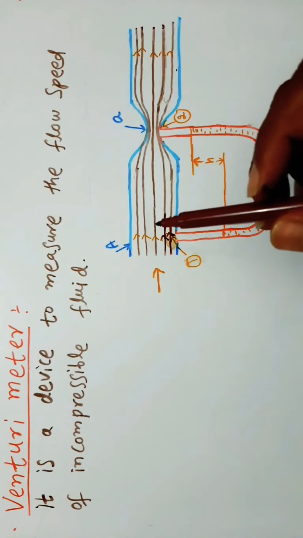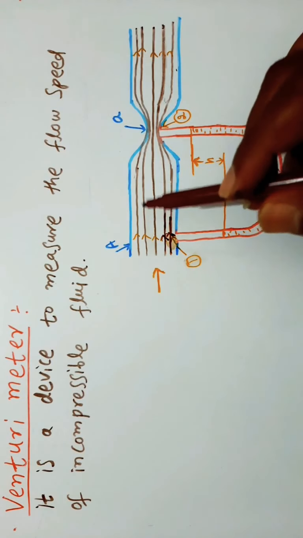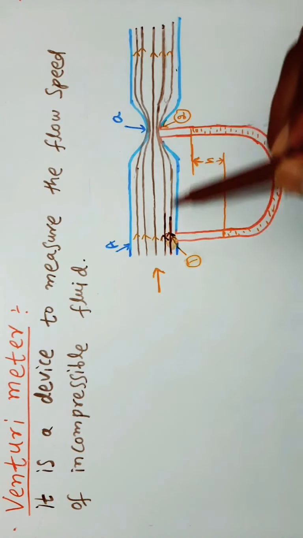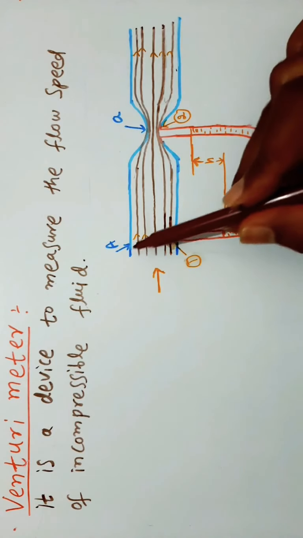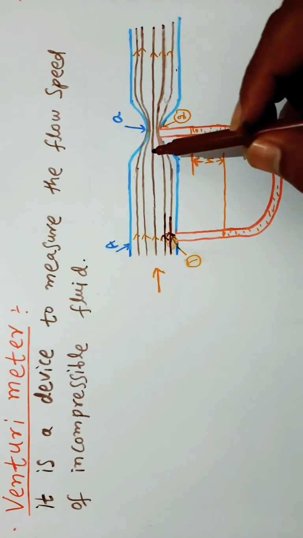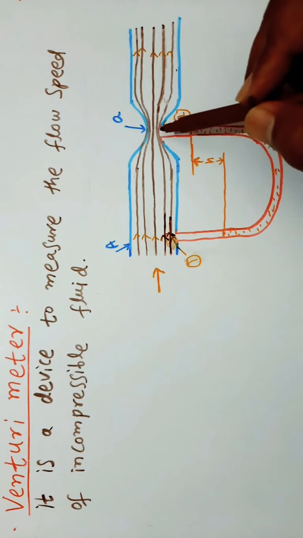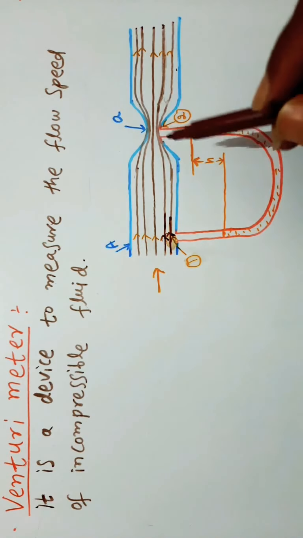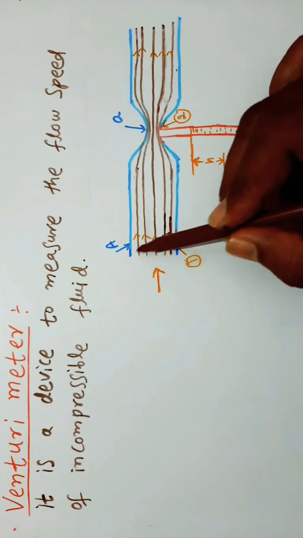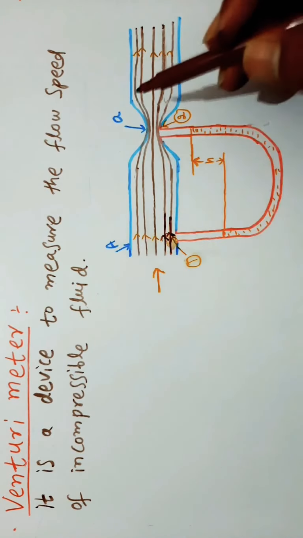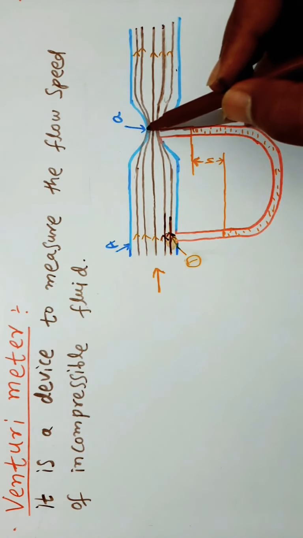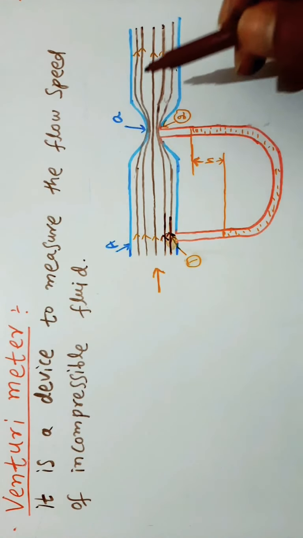The Venturi meter consists of a tube of broad diameter and in the middle it has a small constriction. The cross sectional area of the broad neck is capital A. At the constriction, the cross sectional area is small a.